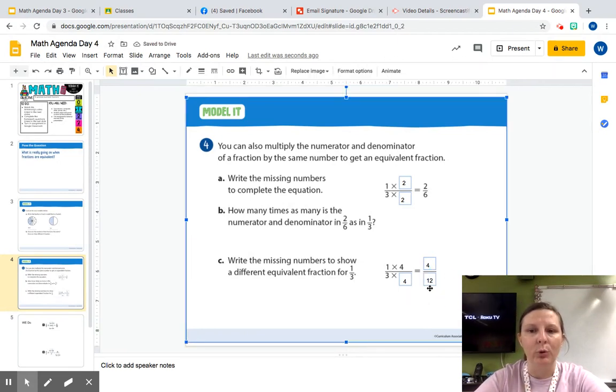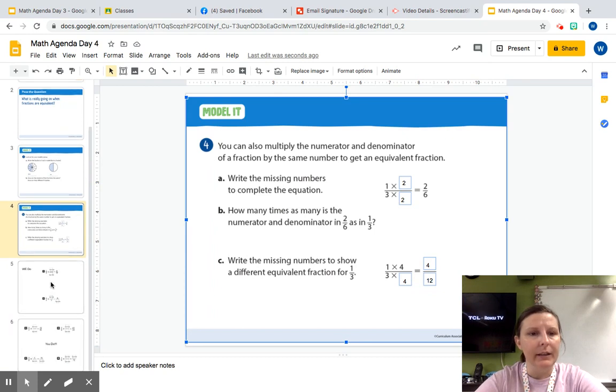So 3 times 4 is 12. So now I have found an equivalent fraction for 1/3 by multiplying 4 to the numerator and the denominator. So my equivalent fraction for 1/3 here is 4/12. Okay?